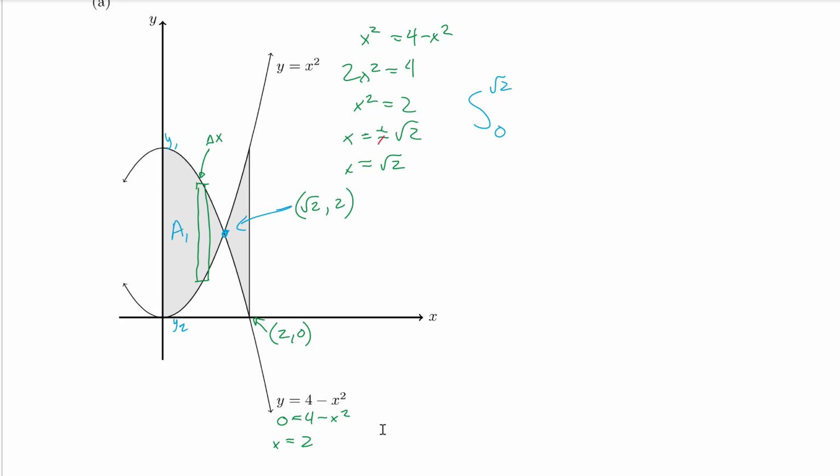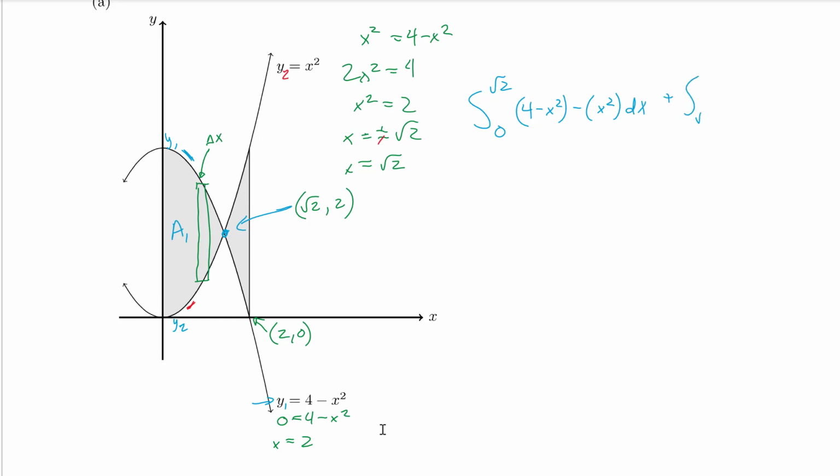And for the first area, our y1 function is the top up here, and the y2 function is the bottom. So we're going to do our y1 function as the top quantity in our heights, and the y2 function as the bottom quantity in our heights, and then our integration variable is x.